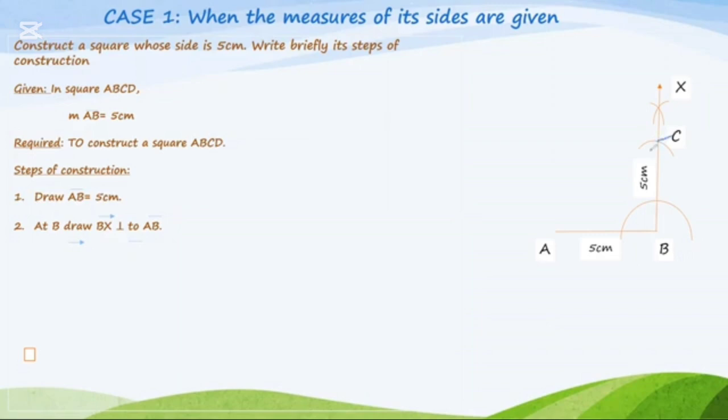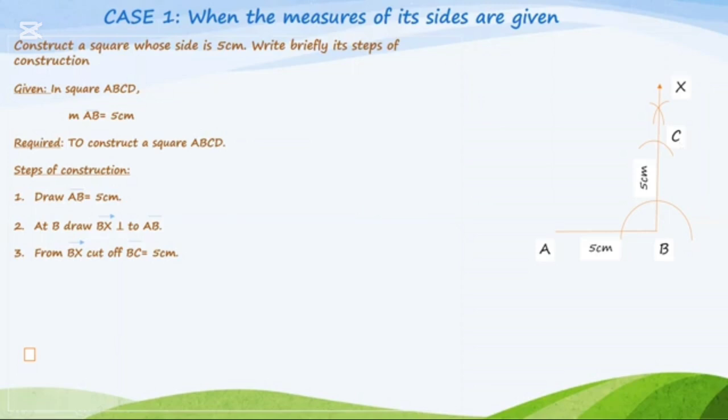Where this arc intersects this ray BX, this point is called C. Is it clear? So what will be the next step of construction? The next step will be from BX, cut off BC equal to 5 centimeter.